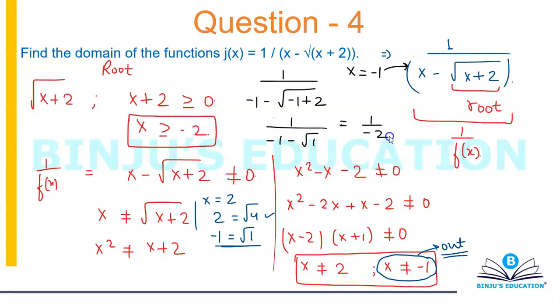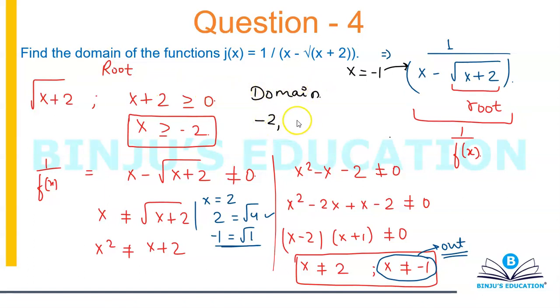Okay. Alright. So from the first one, the root, I got the result that x is greater than or equal to -2. And from the second one, I got the result that x cannot be equal to 2. Which means when we talk about the domain of this function, my domain will be -2 to infinity apart from 2.